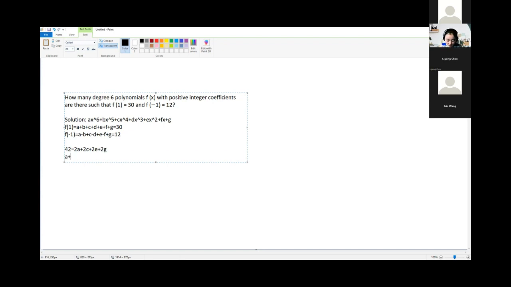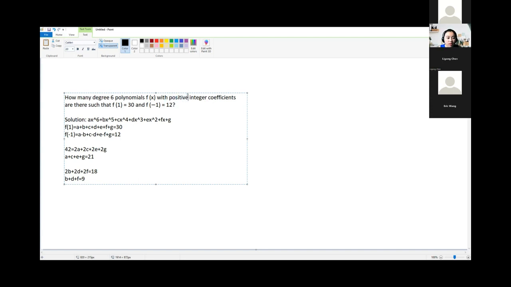So a plus c plus e plus g equals 21. If we subtract the equations, 30 minus 12, we get 2b plus 2d plus 2f equals 18, which would mean that b plus d plus f equals 9.